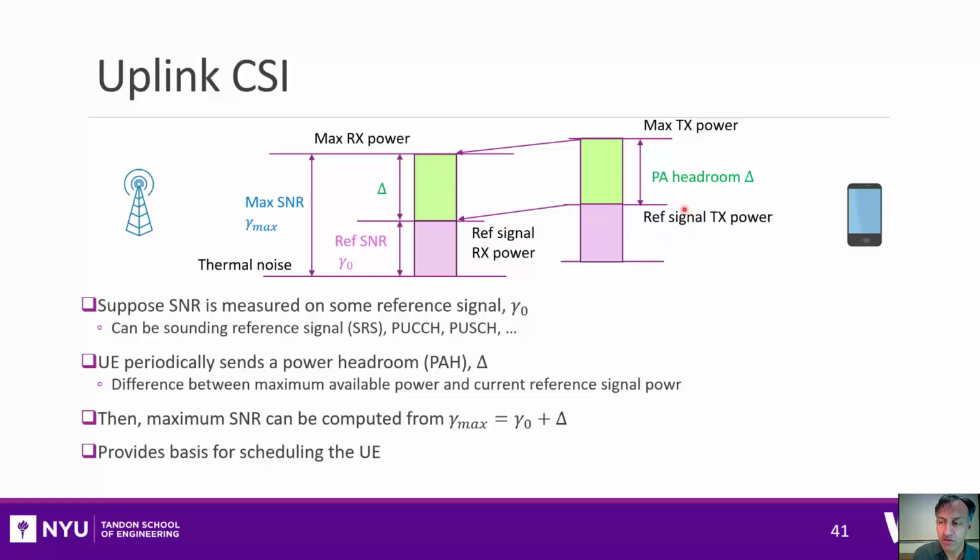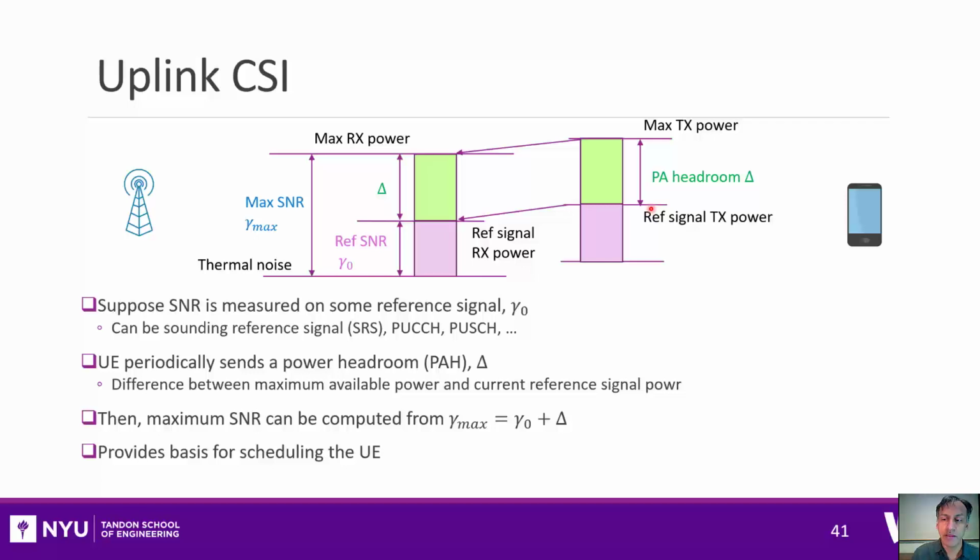Imagine that the UE is sending a reference signal at some transmit power. Because of power control, it comes in at some SNR, and the base station can control it to this SNR, or it can measure it in any case. Additionally, the UE tells the base station, okay, I've controlled my reference signal as you've said, but I have delta dB additional headroom I could transmit.